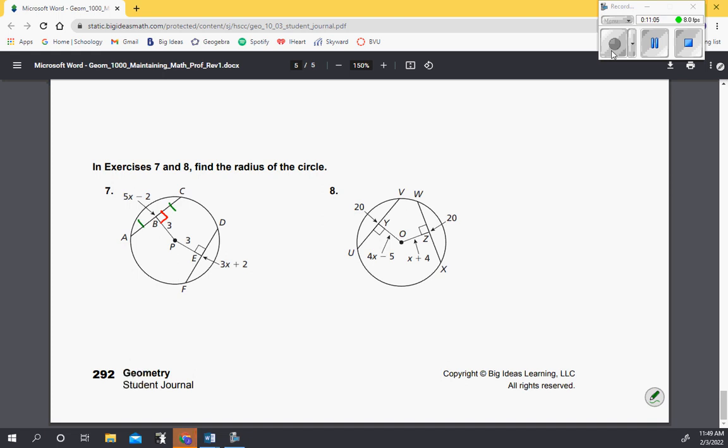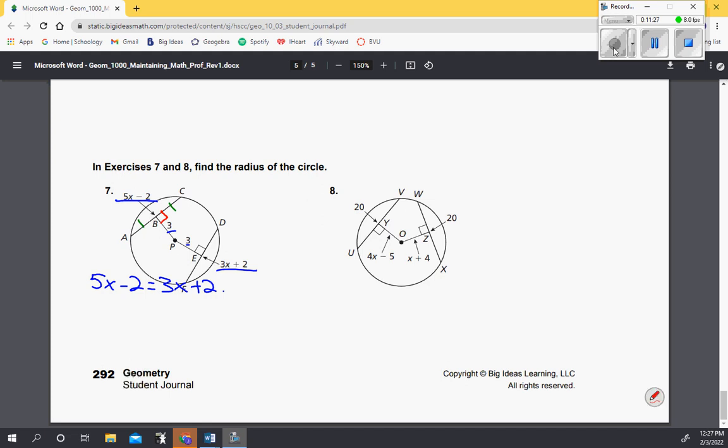Okay. And since we have 3 and 3, we know that 3x plus 2 is equal to 5x minus 2. So we have to solve for x first. When you set them equal to each other, solve for x.